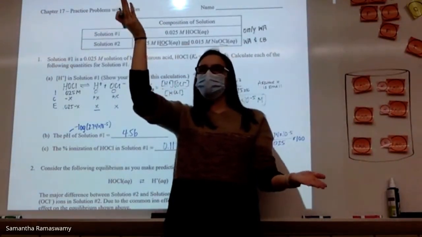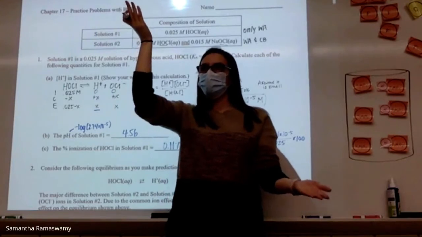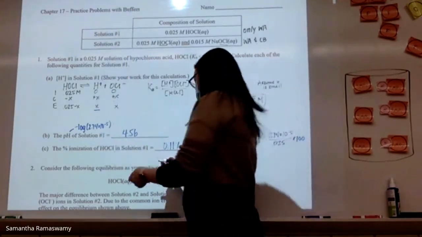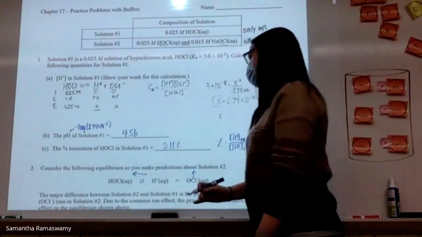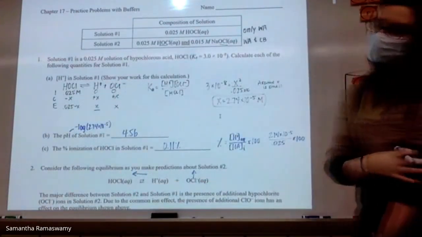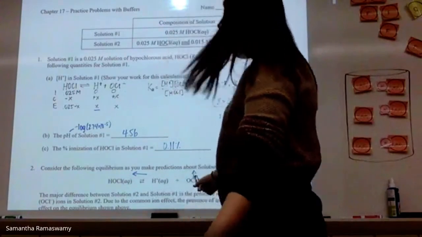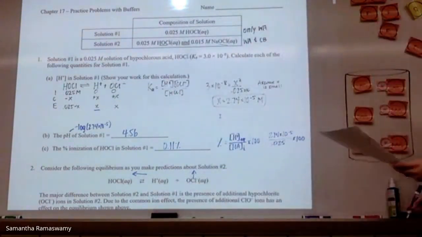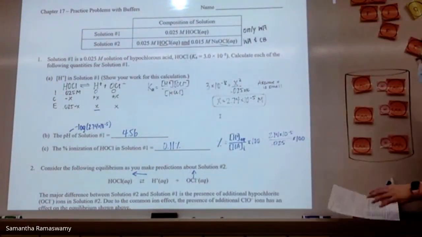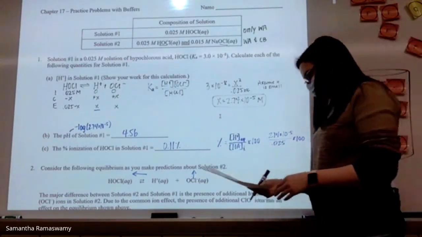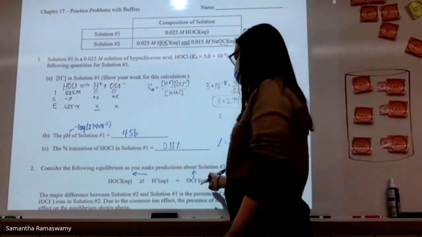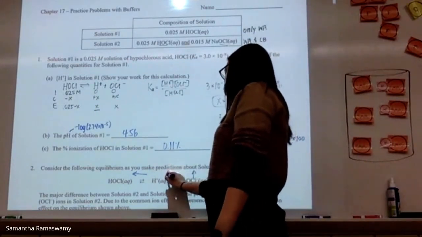Adding an ion to the products will cause a shift to the left, toward the reactants. I want you to think about what that would do. If it shifts left, think about what it's doing to the H+, what it's doing to the OCl-, and how that would affect everything. See if you can answer A through D.